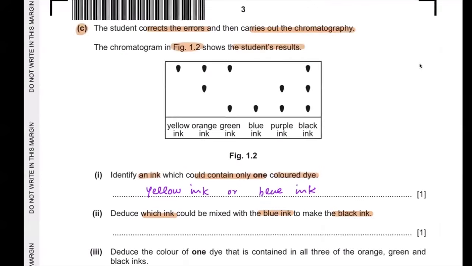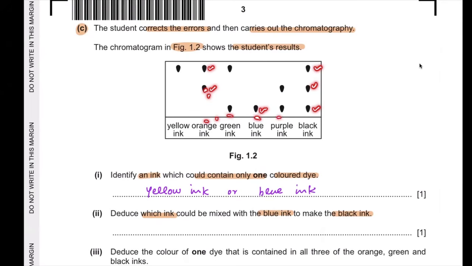Okay. Now, in part 2, they are asking deduce which ink could be mixed with the blue ink to make black ink. So see, black ink, if you look over here, has these three spots. And if you see, blue ink has exactly the same spot. And then orange ink has those two spots. So it can be a combination of orange and blue, or it can be a combination of green.